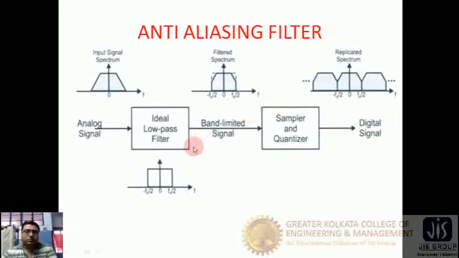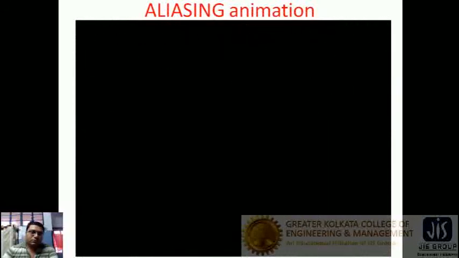In this way we can prevent the aliasing effect with the help of an anti-aliasing filter, which is nothing but a low pass filter with the desired cutoff frequency. So we'll see an animation of this aliasing process. Just have a look.